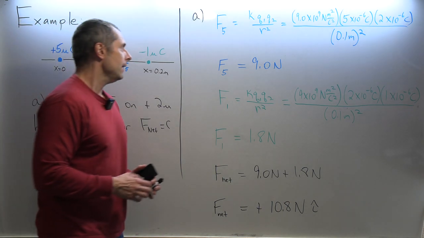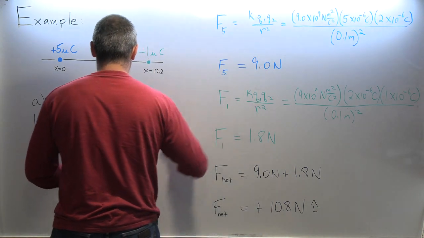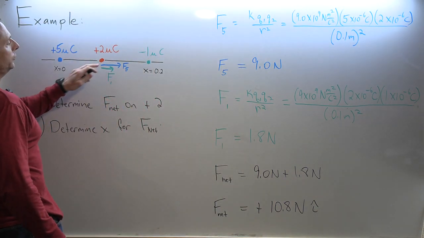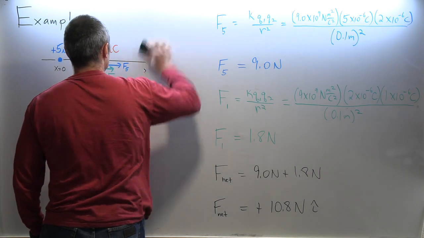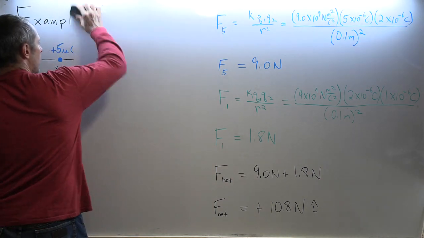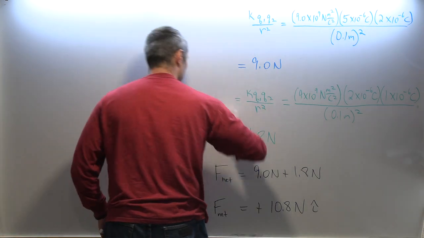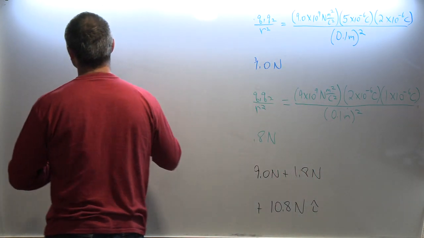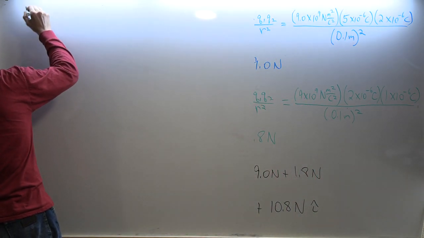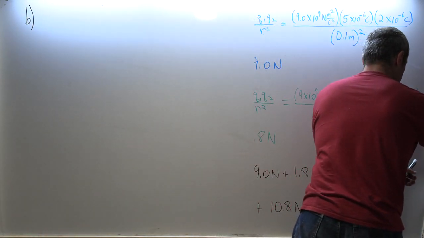Okay, recall that there's a part B to this question. Where can we put this charge for the net force to be 0? So I'm going to erase this for part B. And let me just quickly resketch.